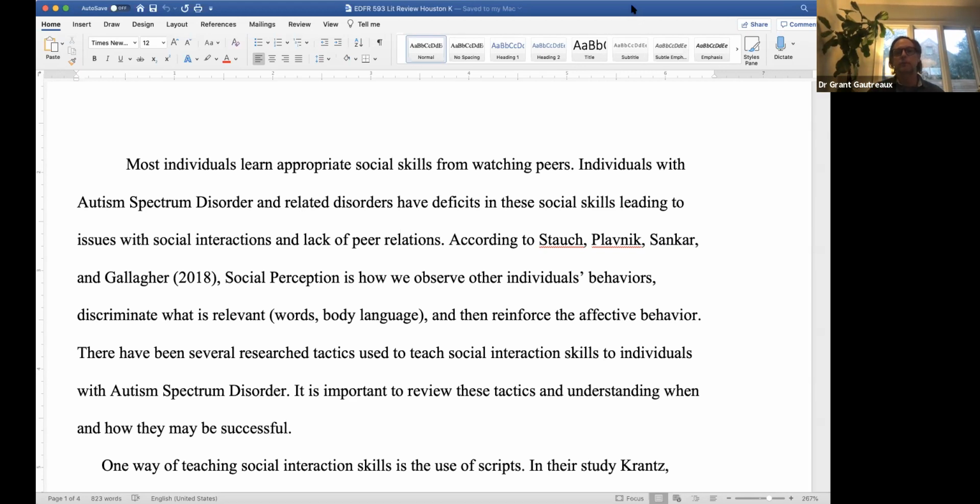Most individuals learn appropriate skills from watching others. Individuals with ASD and related disorders have deficits in these social skills, leading to issues with social interactions and lack of peer relations. Very general. I think most is important. So for the next sentence, I would be careful about making it sound like all of them do.